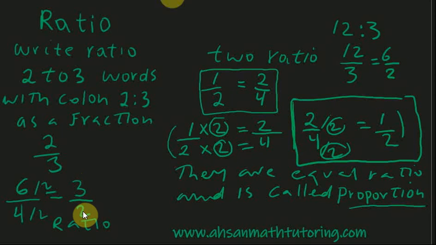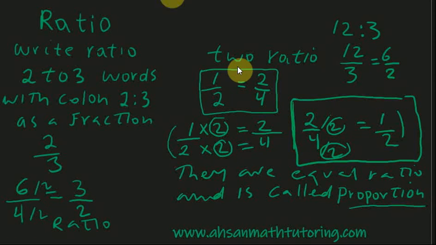So 3 over 2 is an equivalent ratio to 6 over 4. And I can say these are equal: 6 over 4 equals 3 over 2.